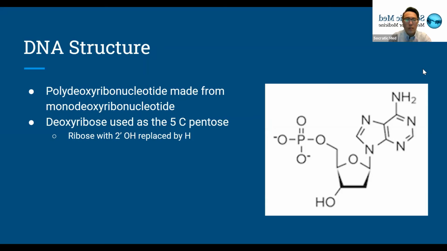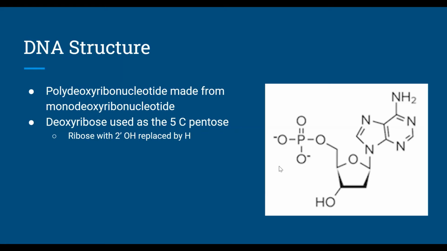So, the structure of DNA. DNA is a polydeoxyribonucleotide, so that is made up of single monodeoxyribonucleotides. On the right is the structure of a monodeoxyribonucleotide. DNA uses deoxyribose as the 5-carbon pentose in the structure.